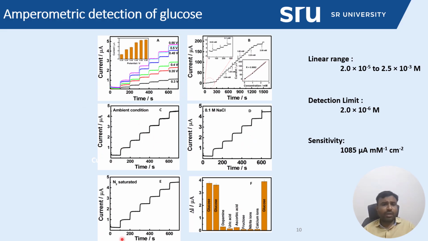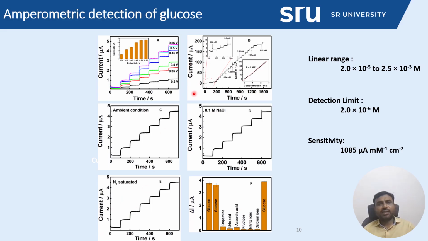If we merge both, the oxidation peak currents are nearly the same and do not change with the condition, which means the electrode fabricated with copper sulfide has highly robust selectivity and sensitivity towards glucose oxidation in different environments.